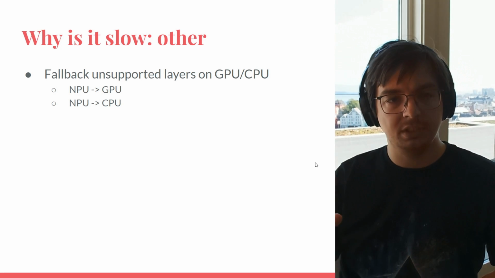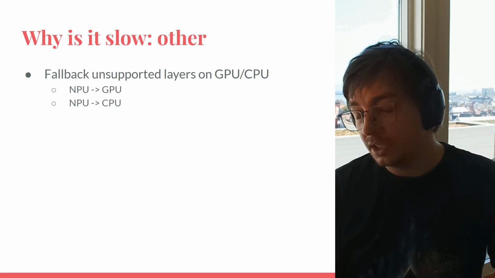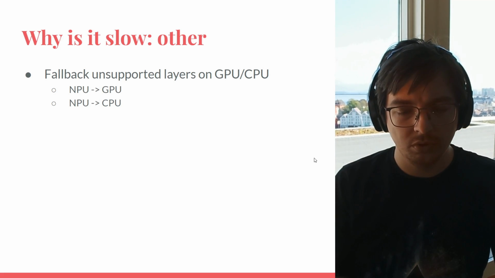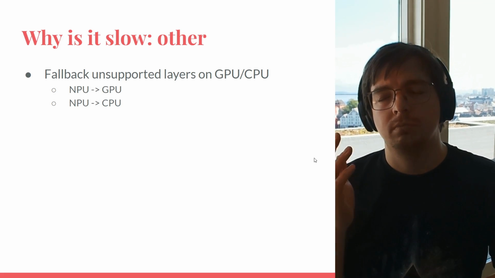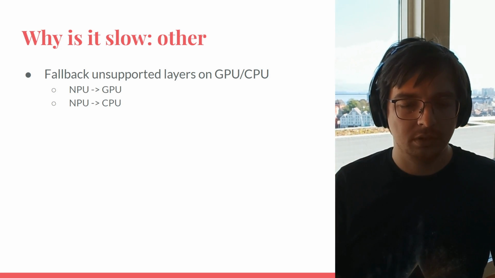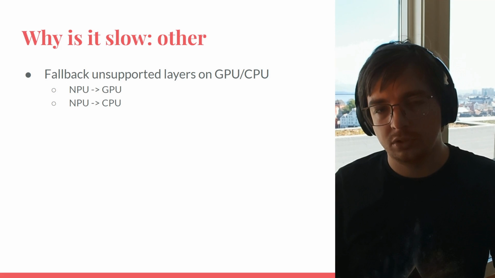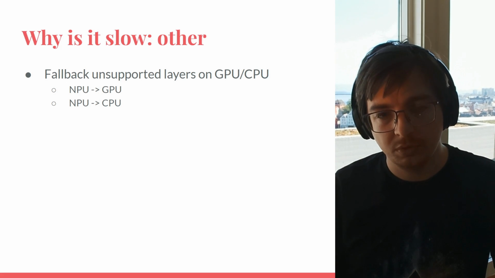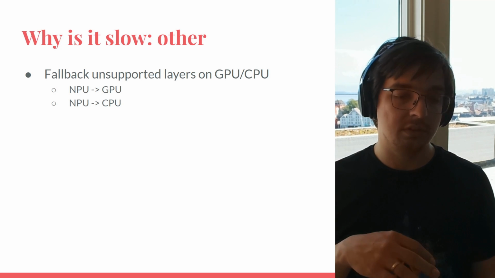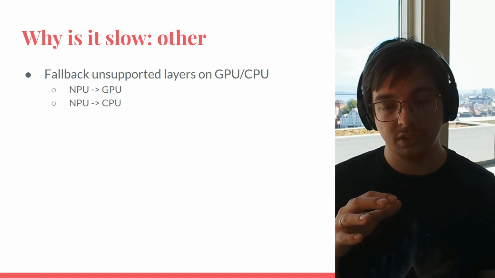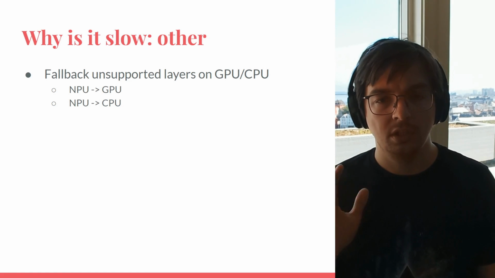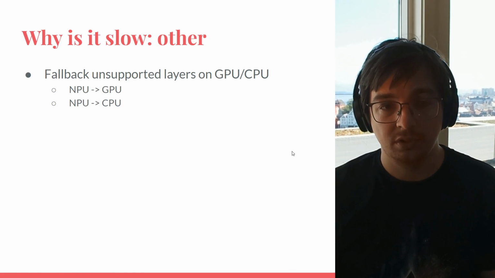This fallback of unsupported layers can be completely different. It can fall back to your GPU, for example, Nvidia does this. For example, you can compile RockChip with this support, as far as I understand. Because of this, there will be different speeds of running your models and different speeds of inference.